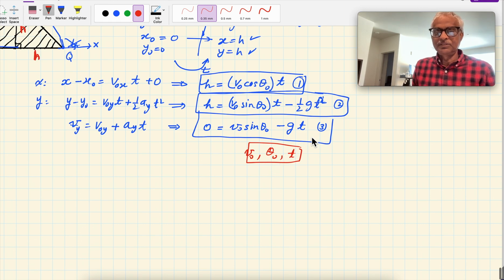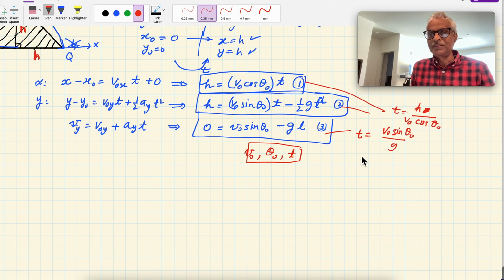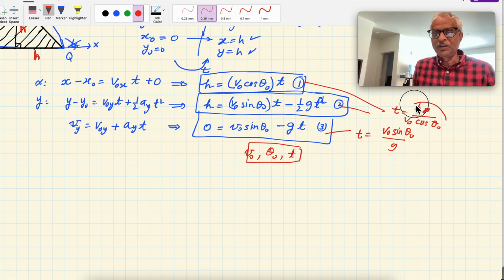So it's a matter of crunching out the algebra properly. Let's get rid of t from all of them. So t is V0 sine theta 0 over g, and this t will also be h over V0 cosine theta 0. This is the same amount of time.